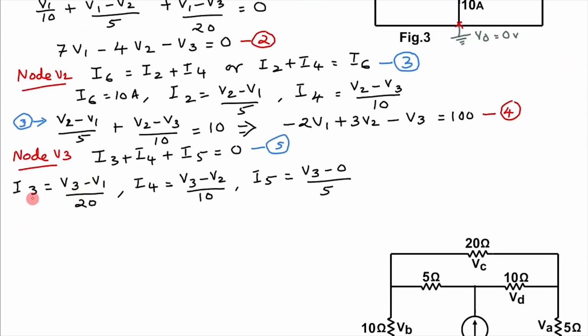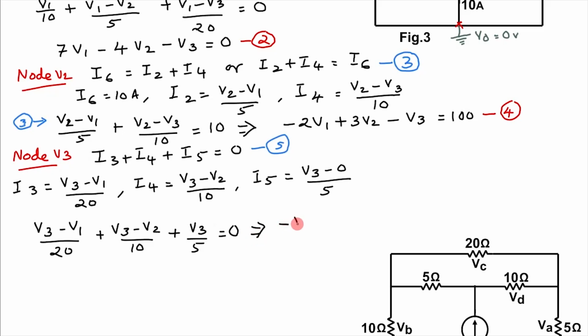Substituting the values of I3, I4 and I5 in equation number 5, I3 is V3 minus V1 by 20 plus I4, V3 minus V2 by 10, plus I5, V3 by 5, is equal to 0, which can be written as minus V1 minus 2V2 plus 7V3 is equal to 0. Let this be equation number 6.